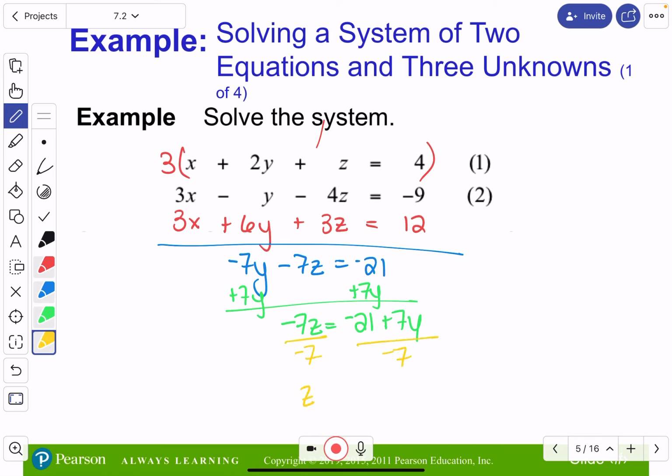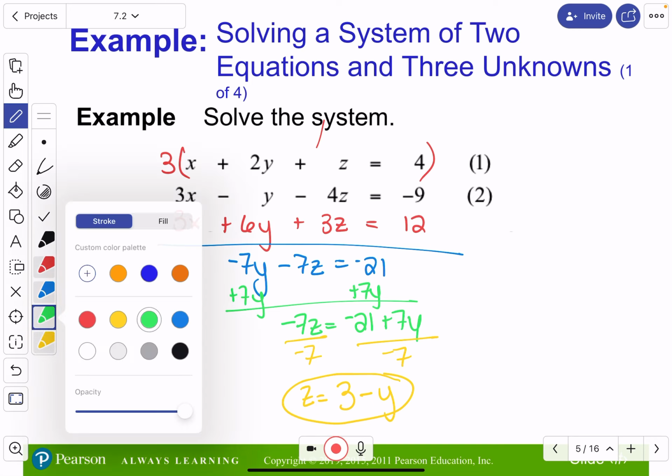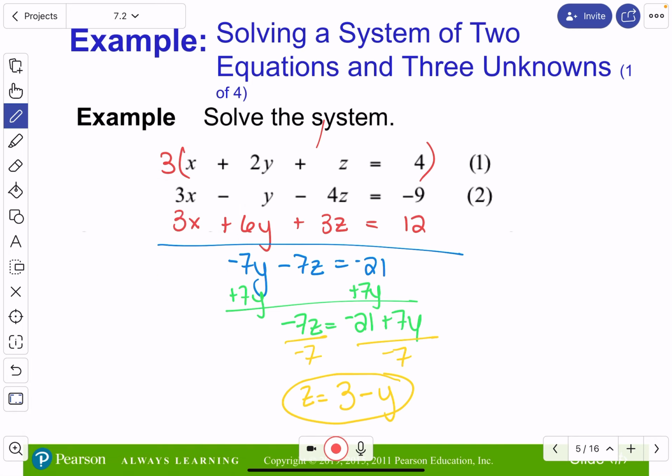So z, negative 21 divided by 7 is 3. 7 divided by 7, 1. Negative 7 is 3 minus y. So z is going to equal 3 minus y. So if we go back to our original equation here, we have x plus 2y plus z, but instead of z, I'm going to write 3 minus y.